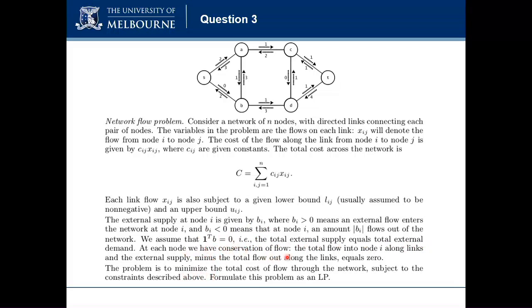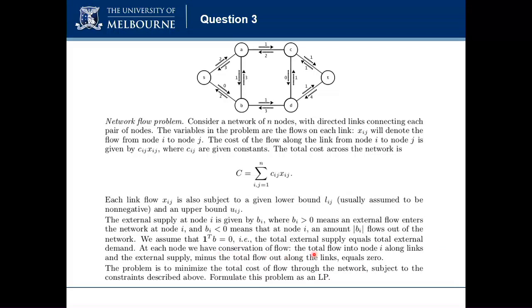So we have the conservation of flow. The total flow into a node i, all the flow that passes through a node, entering and exiting, should add up. Things that flow don't disappear out of thin air. They enter, exit, and go to the neighbors or come from the neighbors, but nothing disappears. There's a conservation of flow.